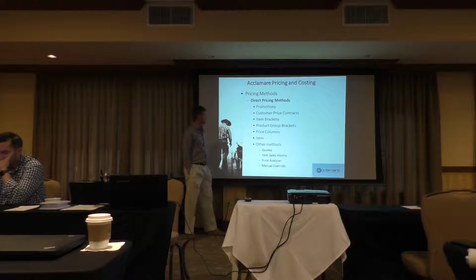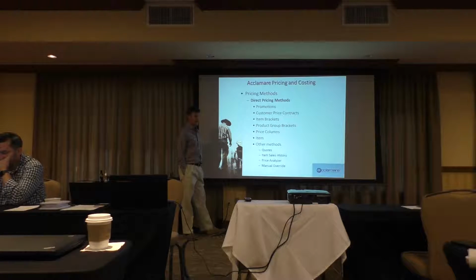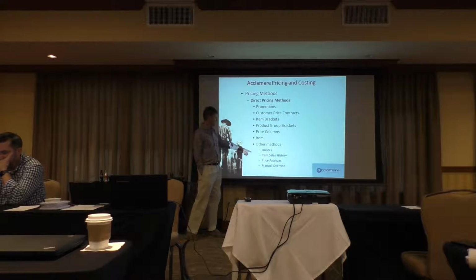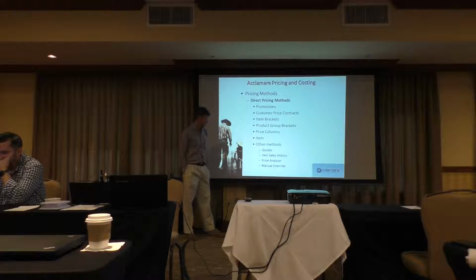Other methods that aren't necessarily automatic that you can use for pricing in the system, obviously quotes. If quotes are out there and haven't expired, the system will prompt the user: there's an existing quote for this with this price, do you want to apply it?